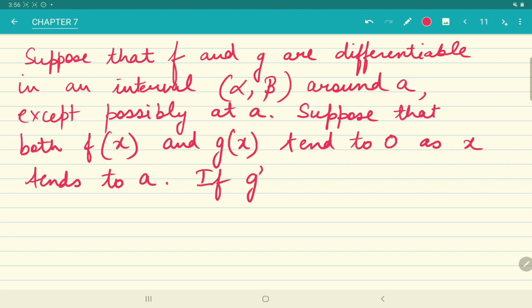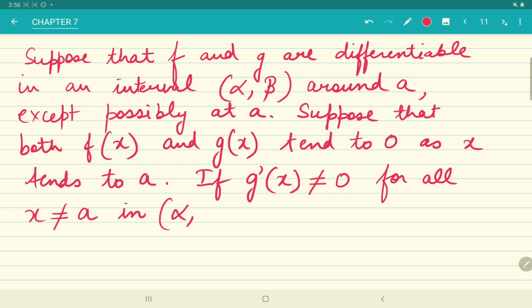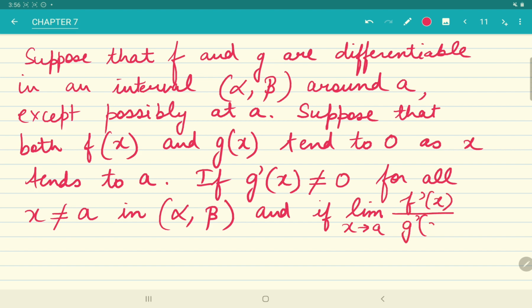Now if g prime x is not equal to 0 for all x not equal to a in this interval, and if limit x tending to a of f prime x divided by g prime x is equal to L, then I can write this.